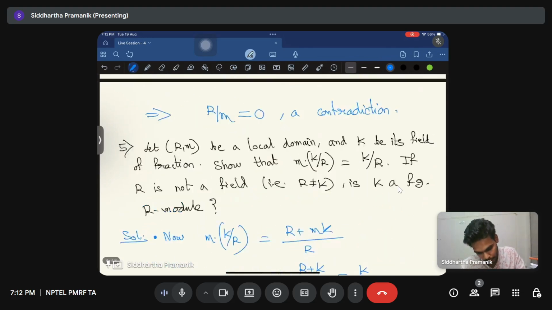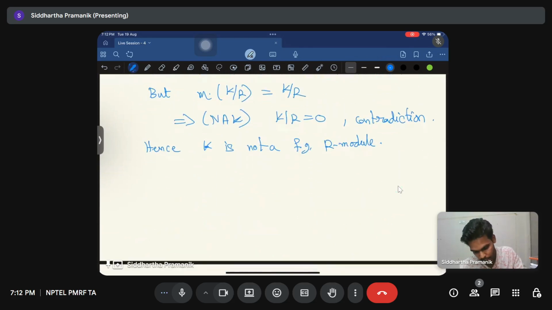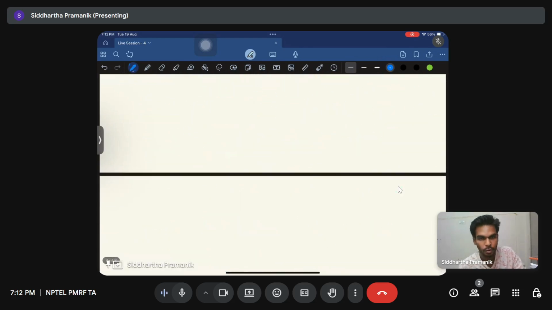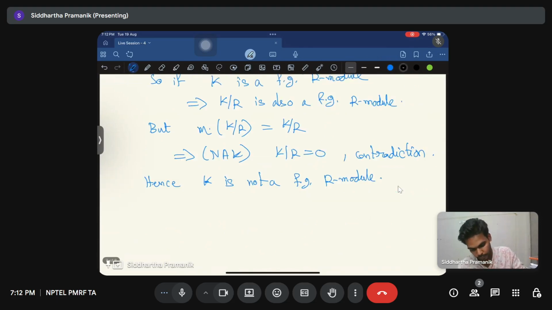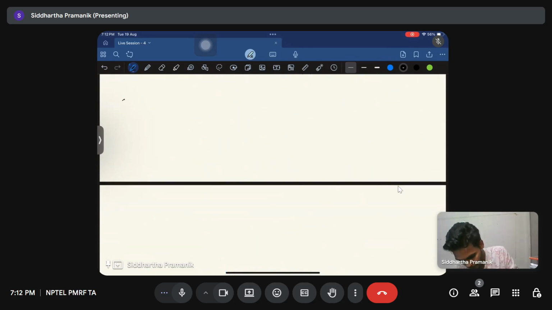So we have done Nakayama's lemma and all those things. Now let's see some basic and simple properties of local rings. So this is problem number 6. Let (R, M) be a local ring.